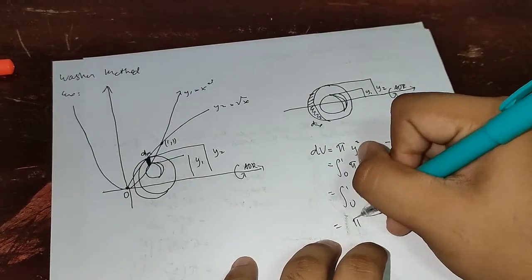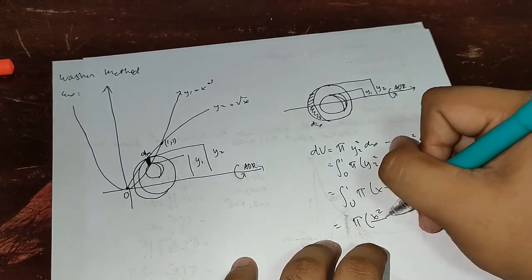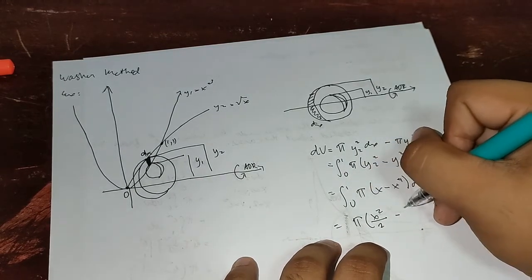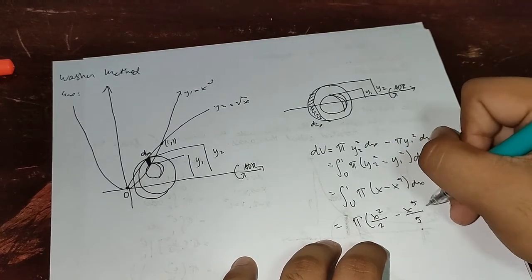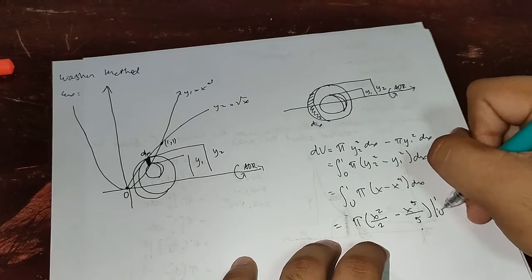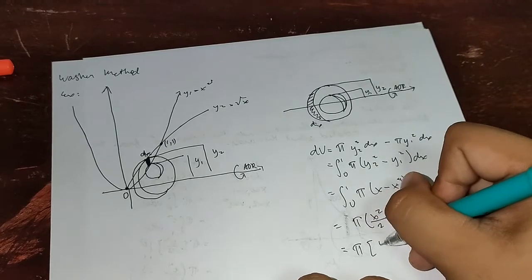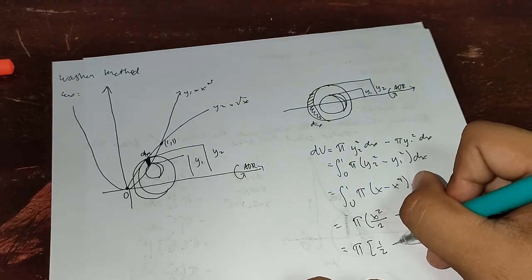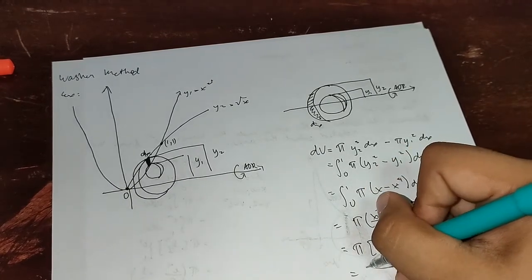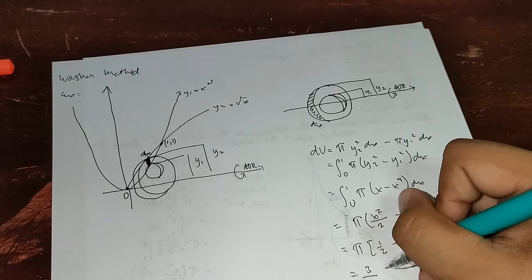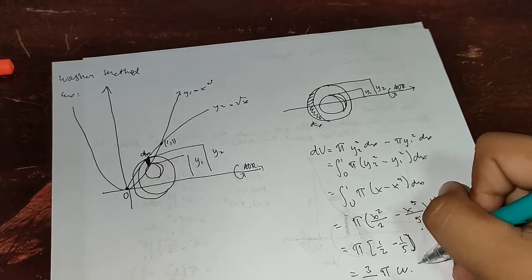Which equals pi times x squared over 2 minus, using your power formula here, x raised to 5 over 5, which equals pi times 1/2 minus 1/5, which equals 3 over 10 pi cubic units.